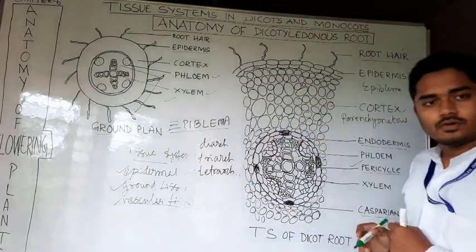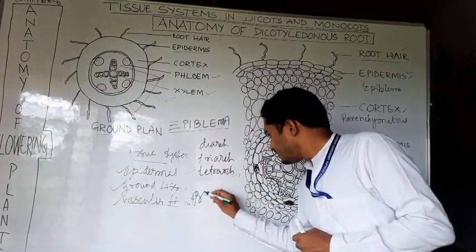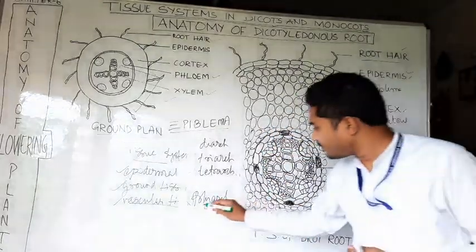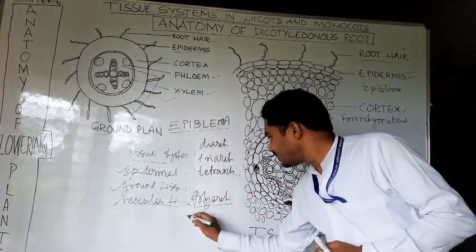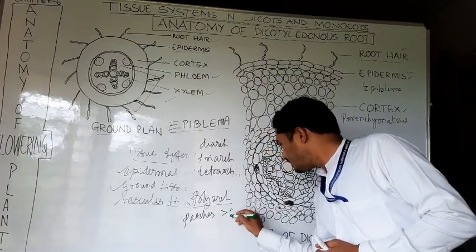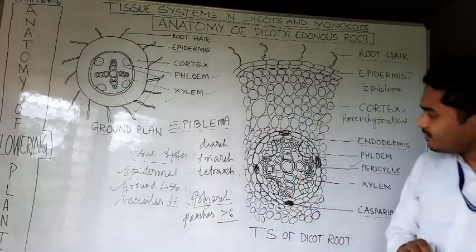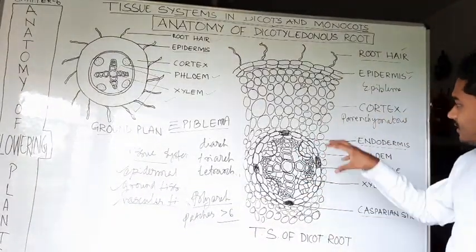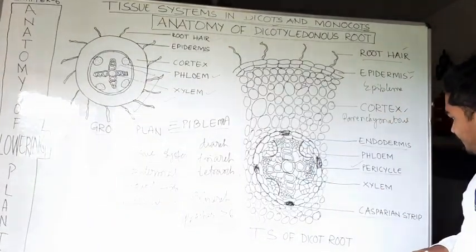And in monocot roots we will see that these vascular bundles are of polyarch nature. What is polyarch? The number of patches is greater than 6. So more than 6 patches are found in monocot roots. But here in dicots it is generally 2 to 4 patches.